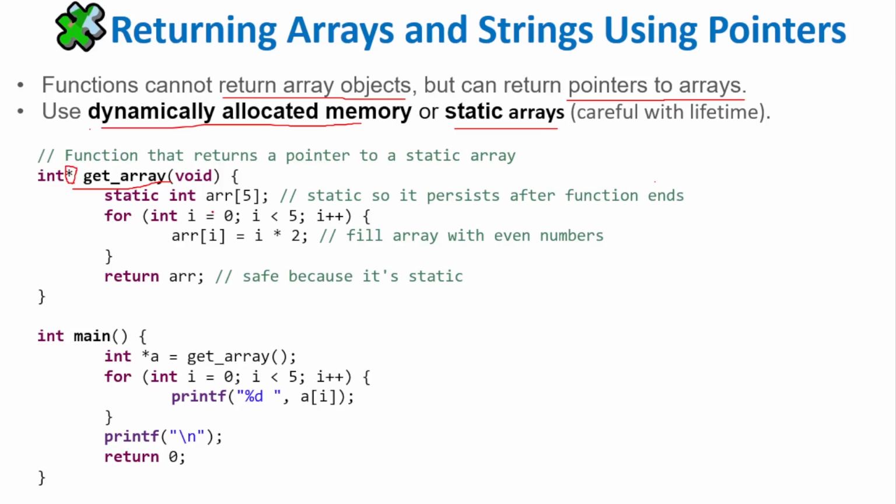Since the array is declared as static, it remains valid even after the function ends, allowing the main function to safely access and print its elements. This approach avoids dynamic memory allocation while still demonstrating how a function can return an array via a pointer.